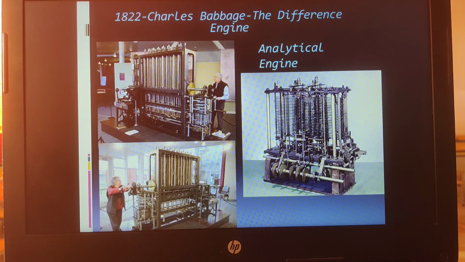Later, he thought of the mechanical construction of this difference engine, and he called that mechanical digital computer the analytical engine. This analytical engine consisted of 5 units that laid the basic principles for the modern computer system. That's why he is called the father of computers.